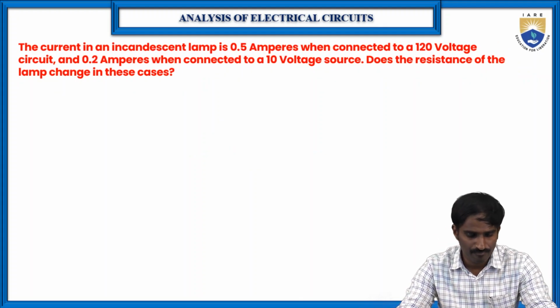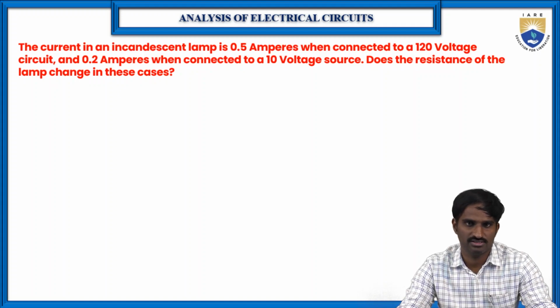Then, the current in an incandescent lamp is 0.5 amperes when connected to a 120 volt circuit, and 0.2 amperes when connected to a 10 volt source. Does the resistance of the lamp change in these cases?